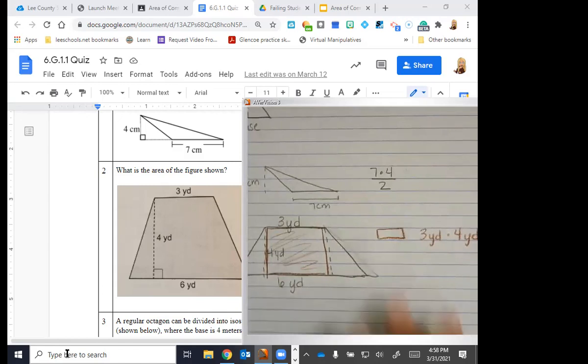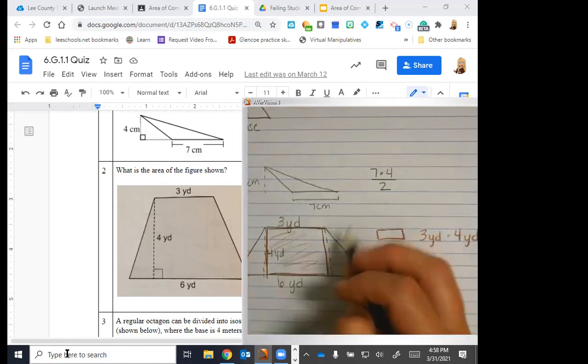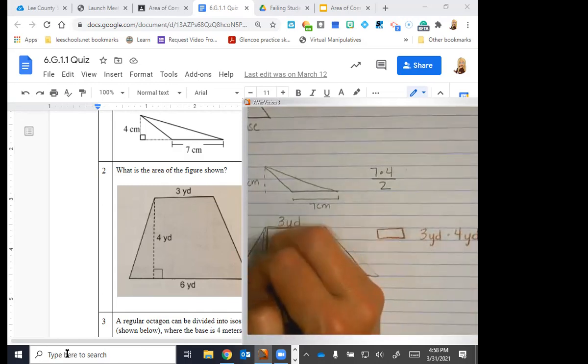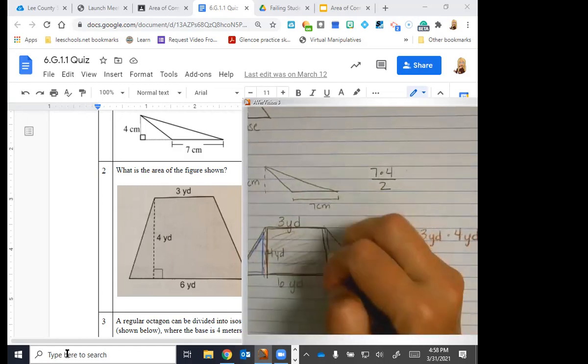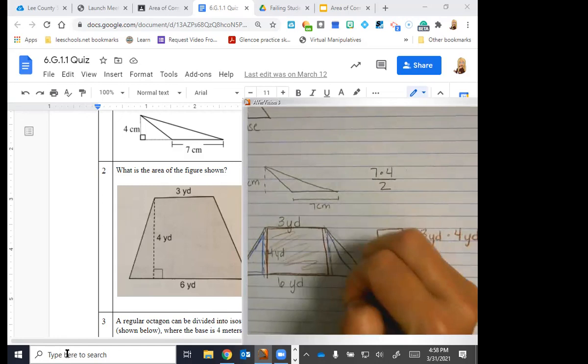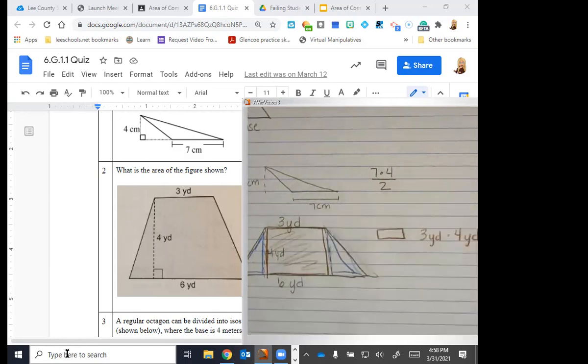Now along with the rectangle, I have 2 triangles. I have a triangle over here and a triangle over here. And those are equivalent triangles, meaning they are equal. So my job is to find the area of those 2 triangles.